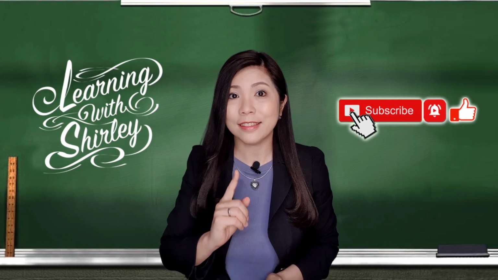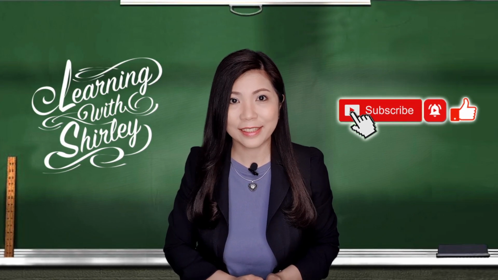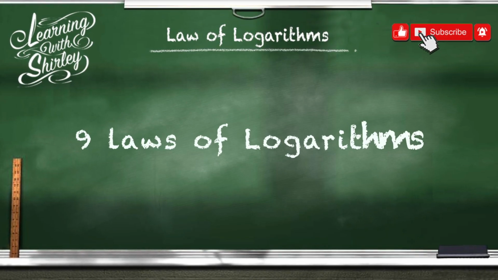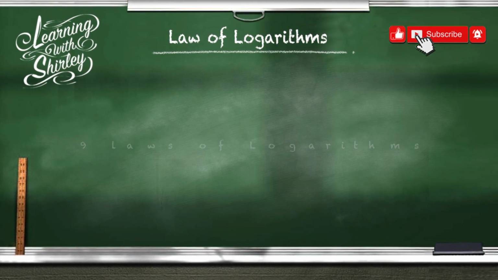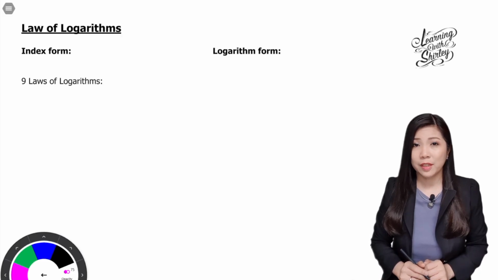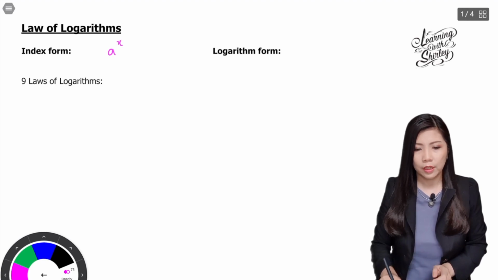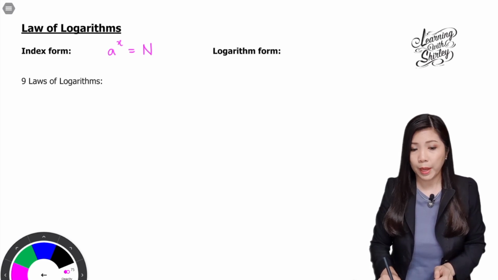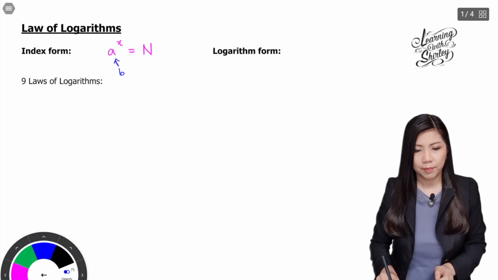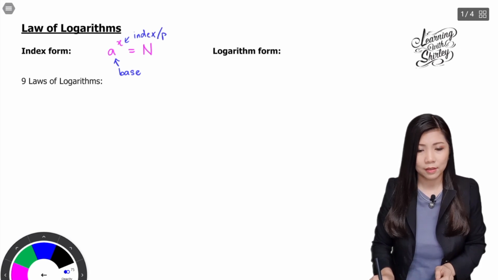Let's take a look at the 9 laws of logarithms. The first part of the chapter is to understand the general log rule, whereby a to the power x equals n. So a is the base, whereas x is the index or the power.